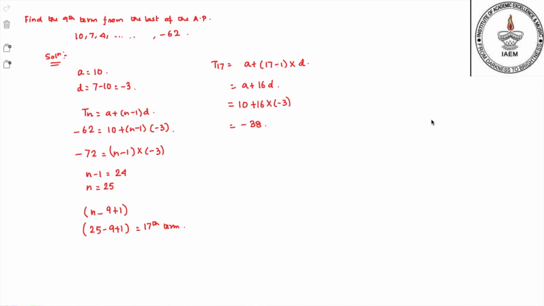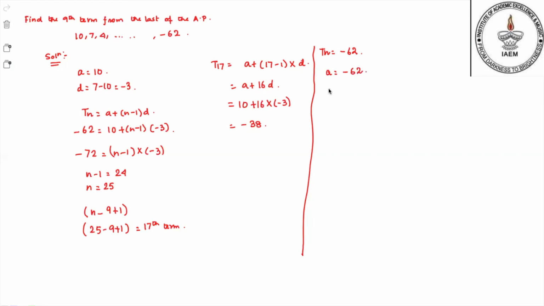Now I will follow another method. It is followed by most students for this kind of sum. Find the ninth term from the last of the AP. So what is done is, because we are finding from the last, the last term is considered as the first term.